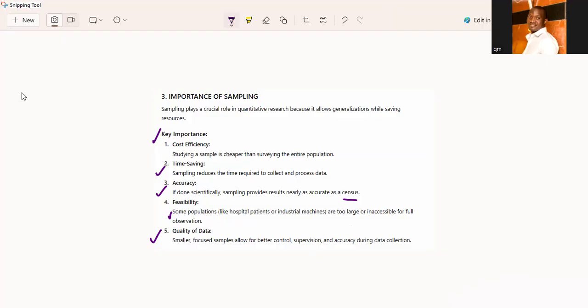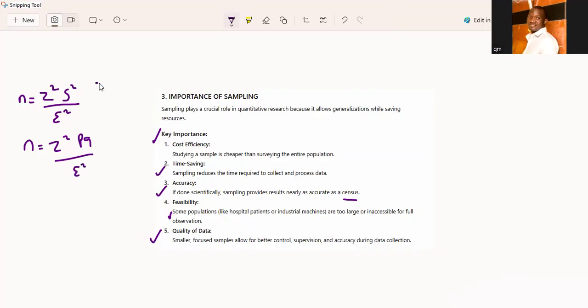Now we're going to look at the formulas for sampling. We have sample size equal to z squared s squared over a squared. This is the sample size formula. And we also have the sample size formula z squared pq over e squared.